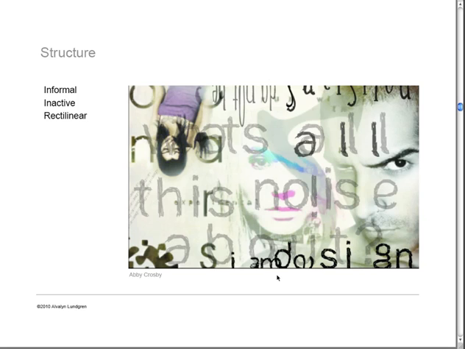If we were to again diagram the general implied lines in this, we would find definitely an informality to the underlying structure, and therefore it is informal. It is inactive because we don't see it, and in the structural shape overall, this is a rectangle. It's horizontally inclined. It's longer on the horizontal than it is on the vertical.